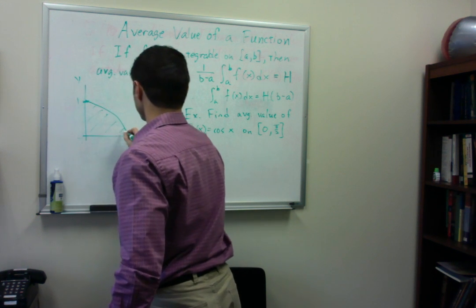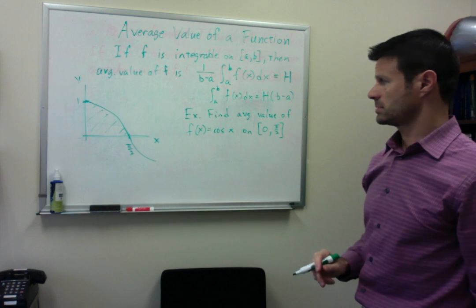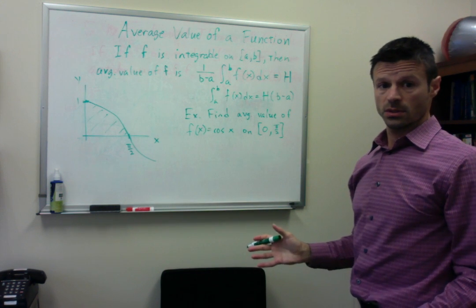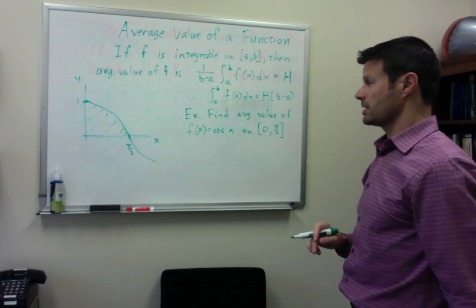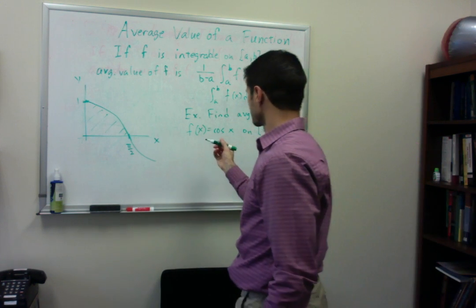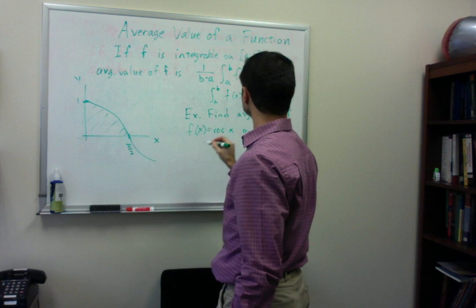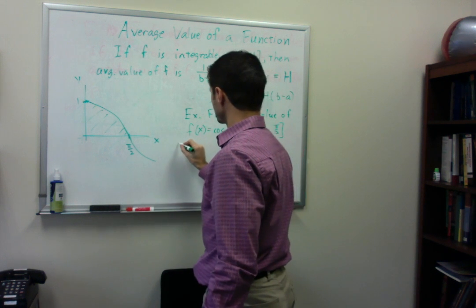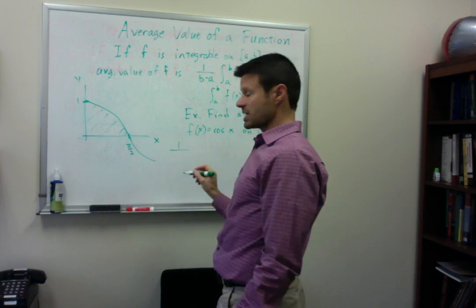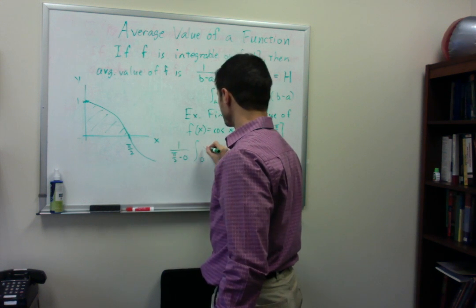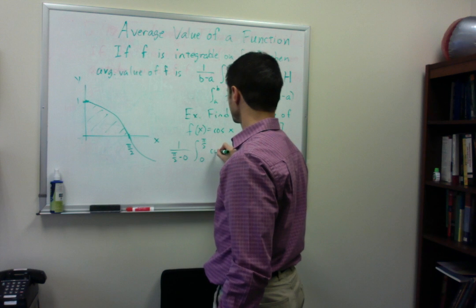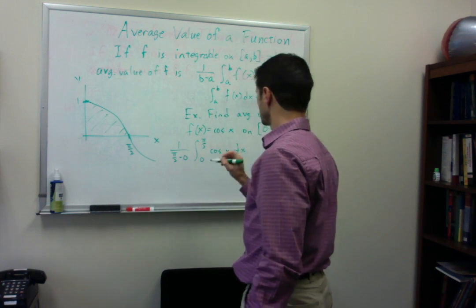Here's the area under the curve, and we're going to find a rectangle that has base pi over 2 and a fixed height, where that rectangle has the same area as that. Okay, so we would basically use this formula: 1 over b minus a, in this case it's pi over 2 minus 0, and then integrate from 0 to pi over 2, cosine of x dx.